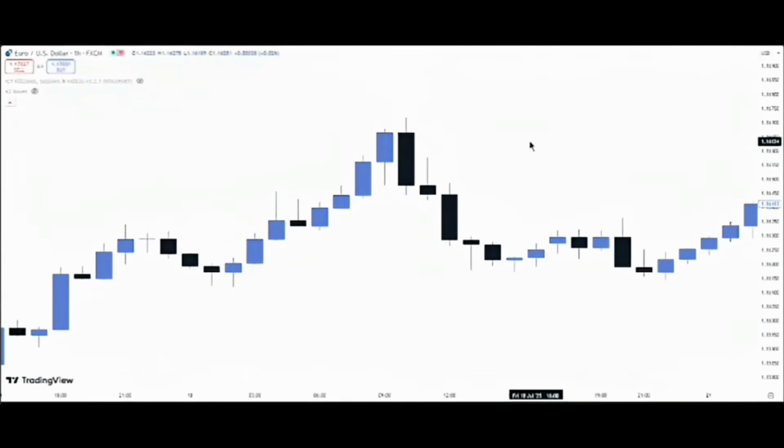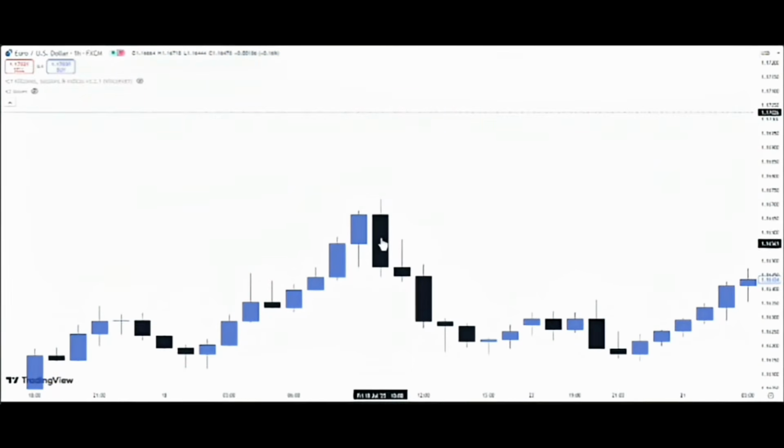Now look at this one again. Look at this candle and compare the wick to this candle body. Let's assume we didn't see all of this. What do you think would have happened? The bulls were in charge before. They pushed price to this point. I'm talking about the buyers now. Now the sellers jumped in and pushed price until this point. And the bulls came in and again pushed price.